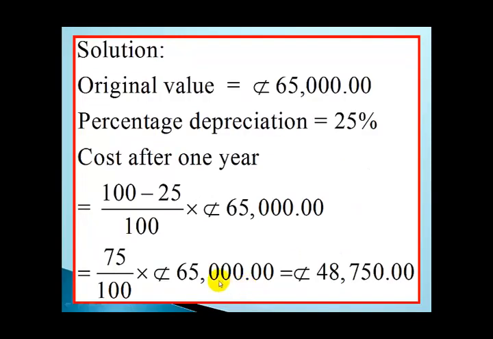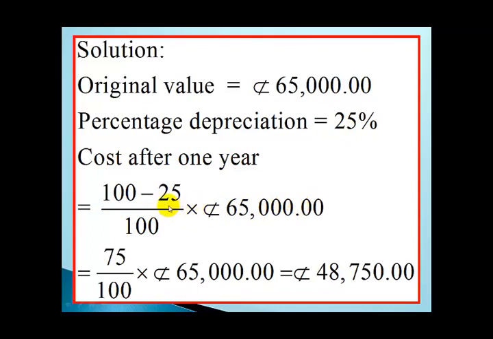Now let's look at the solution. The original value is 65,000 cedis and the percentage depreciation is equal to 25%. So if you want to find the cost after 1 year, that's the new value, it is going to be 100 minus 25 divided by 100 times the original value, and the original value is 65,000.